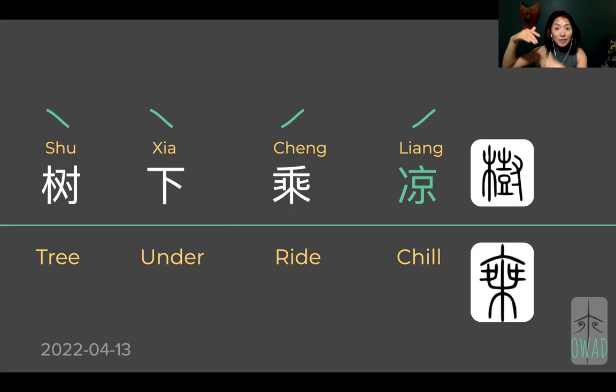It's pointing downward. That's the dynamic version. And the static version is it's positioned below this benchmark, right? So either static or dynamic, this symbol gives you the momentum of going under, or the positioning of something under it. So in this case, it's under a tree.